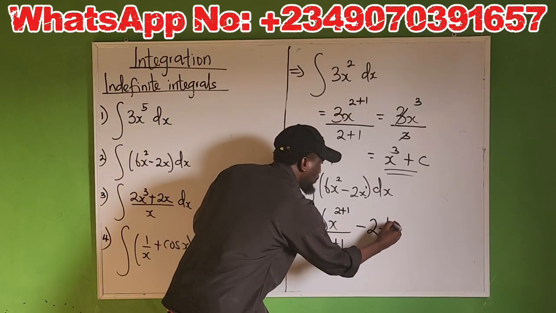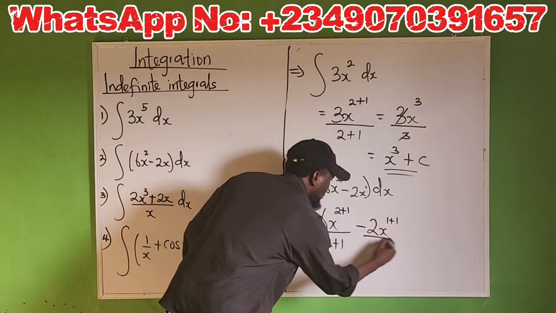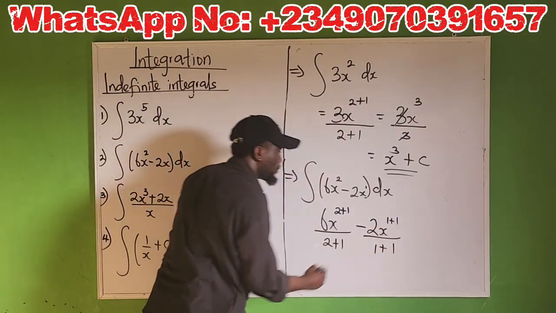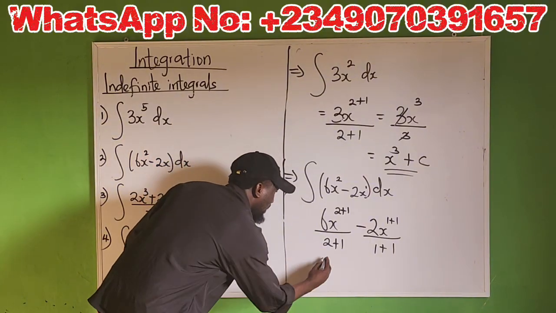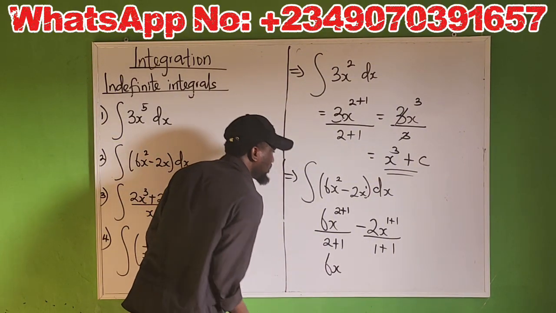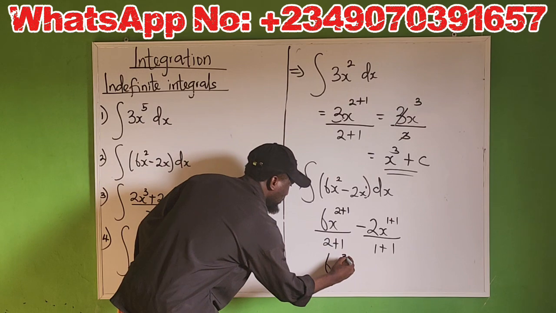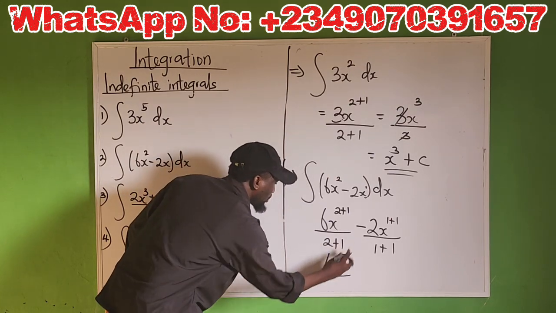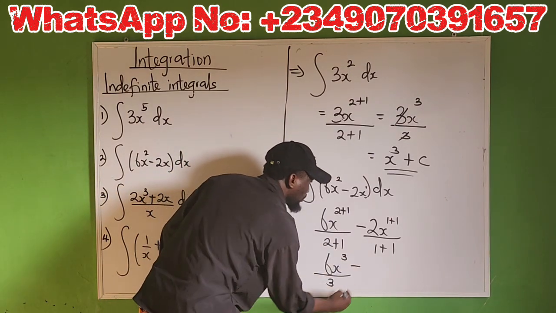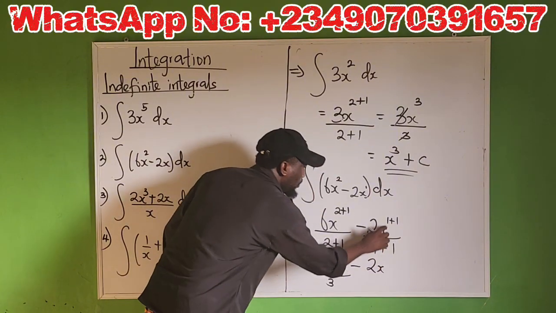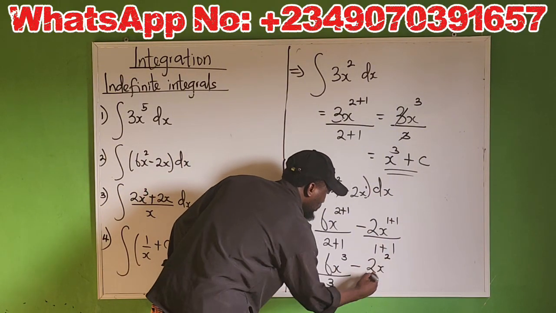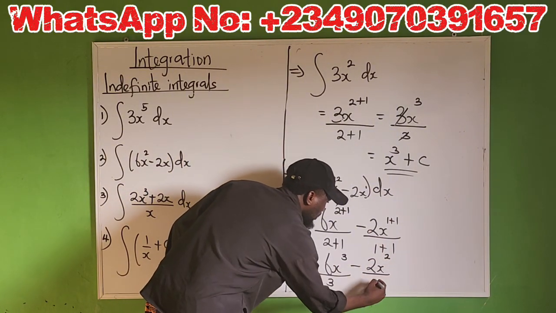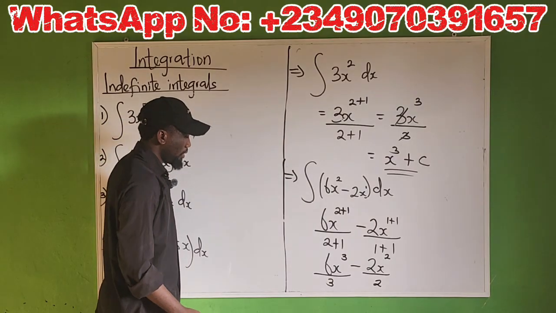So we are going to have 1 plus 1, then divided by 1 plus 1. So what's the next thing? We have 6x, 2 plus 1 is 3, divided by 2 plus 1, which is also 3, minus 2x, 1 plus 1, that is 2, divided by 1 plus 1, that is 2.